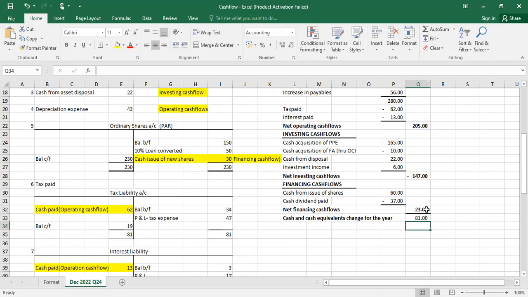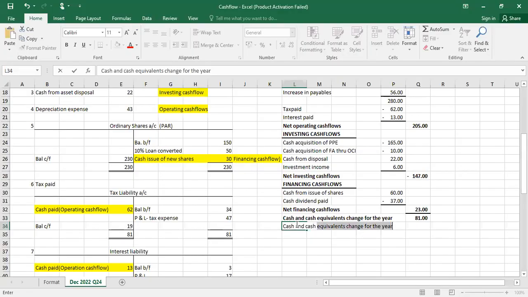We end up with 81, yeah? That is the change in cash and cash equivalents for the period. At that point, we introduce the cash and cash equivalents brought forward, so that we can have the cash and cash equivalents carried forward.